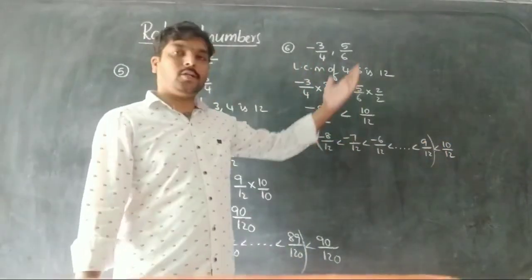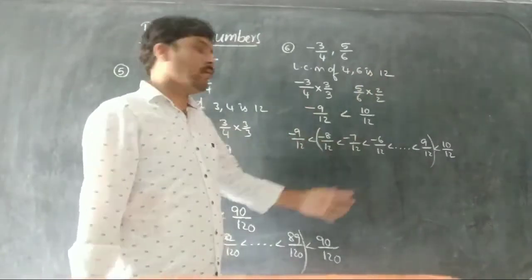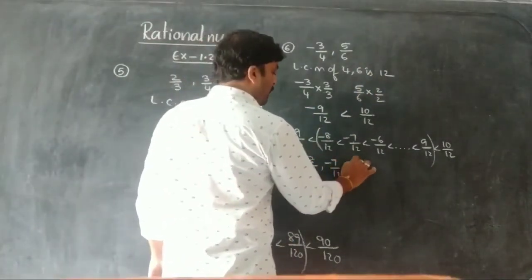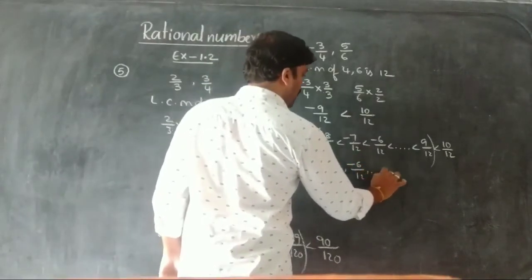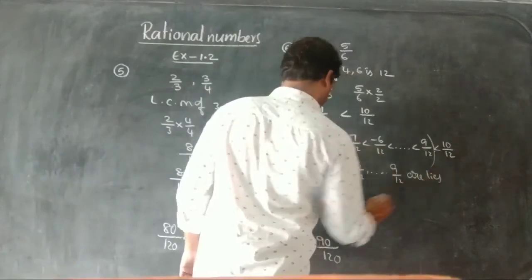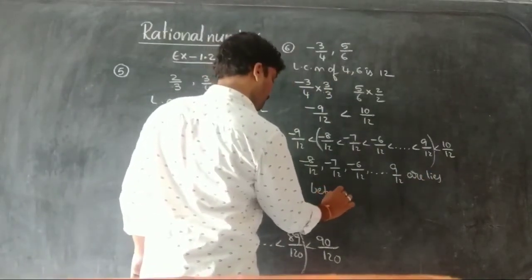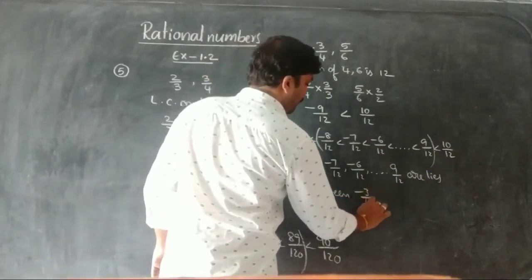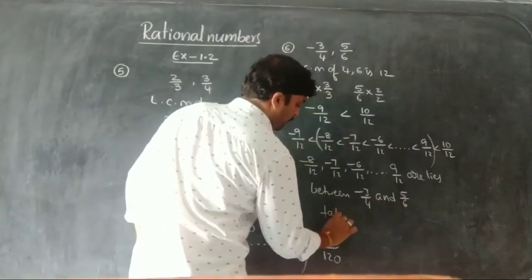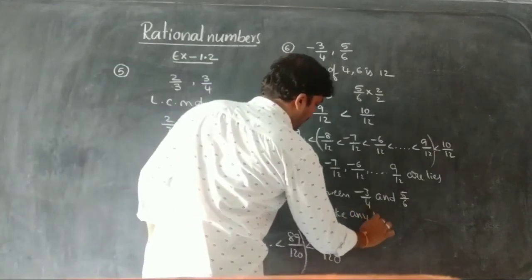So minus 8 by 12, minus 7 by 12, minus 6 by 12 and so on, up to 9 by 12 lie between minus 3 by 4 and 5 by 6. Take any 10 rational numbers.